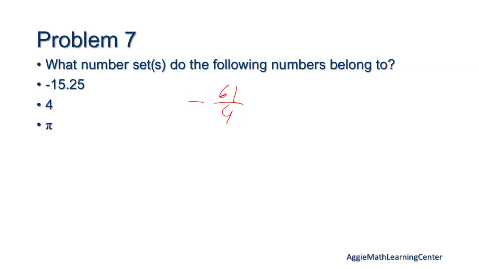Alright. So we did negative 15.25, 4, and then what about pi? Decimals. Irrational? Yes, it would be irrational. Because it has decimals, but it has no pattern, and we can't describe that with a simple fraction.